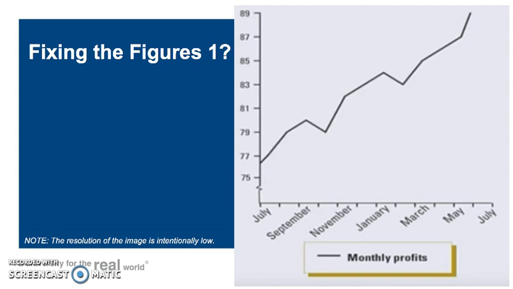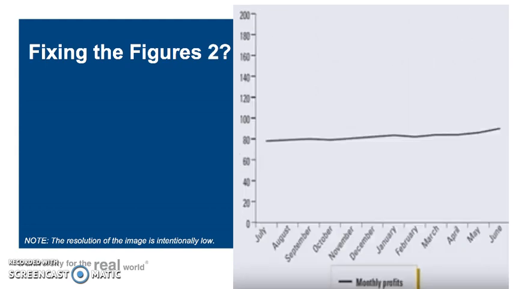How different would the graph look if the y-axis did start on 0? Also check out the numbering of the axis and how this distorts the perceived increase. Looks very different here, doesn't it?